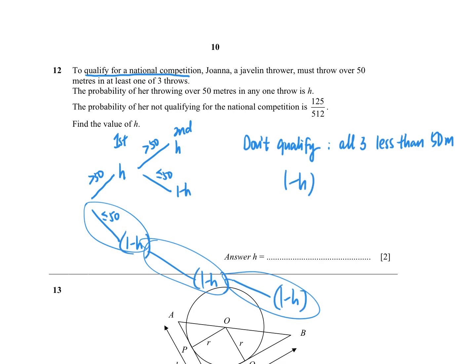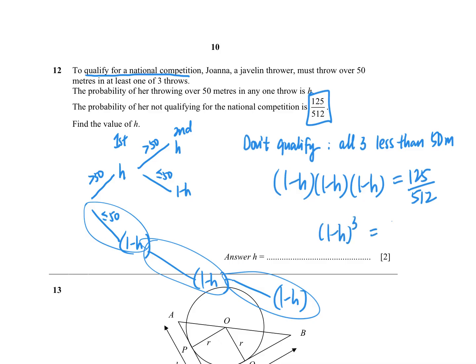So 1 minus H times 1 minus H times 1 minus H. These are the 3 branches that will result in lesser than 50 meters for all 3 throws. And not qualifying is equal to this. Okay? So in other words, this is 1 minus H cubed. So to find H, I cube root first. So I cube root this whole thing.